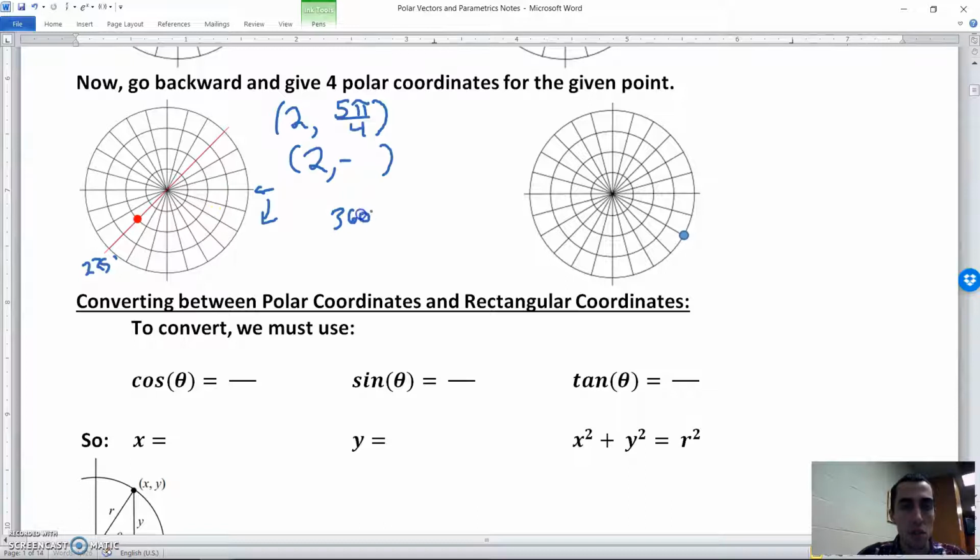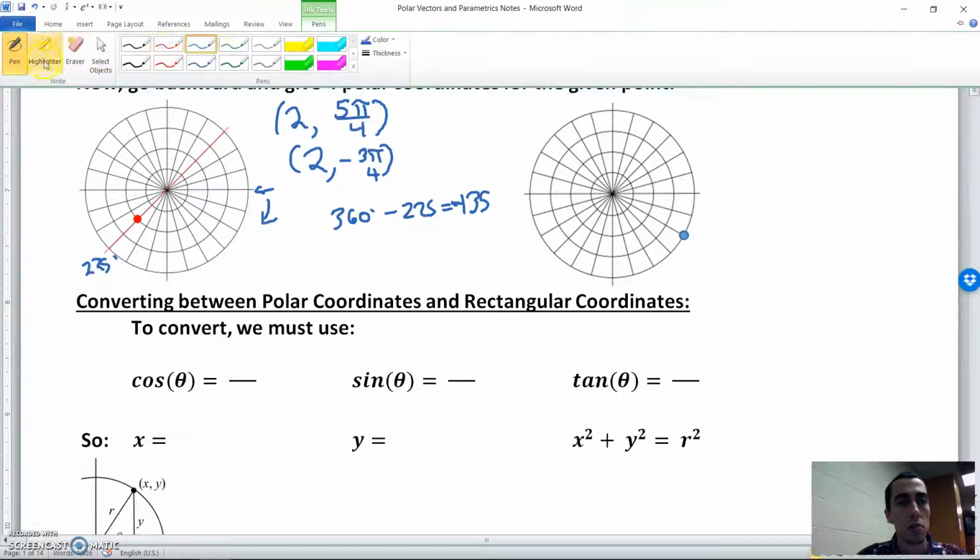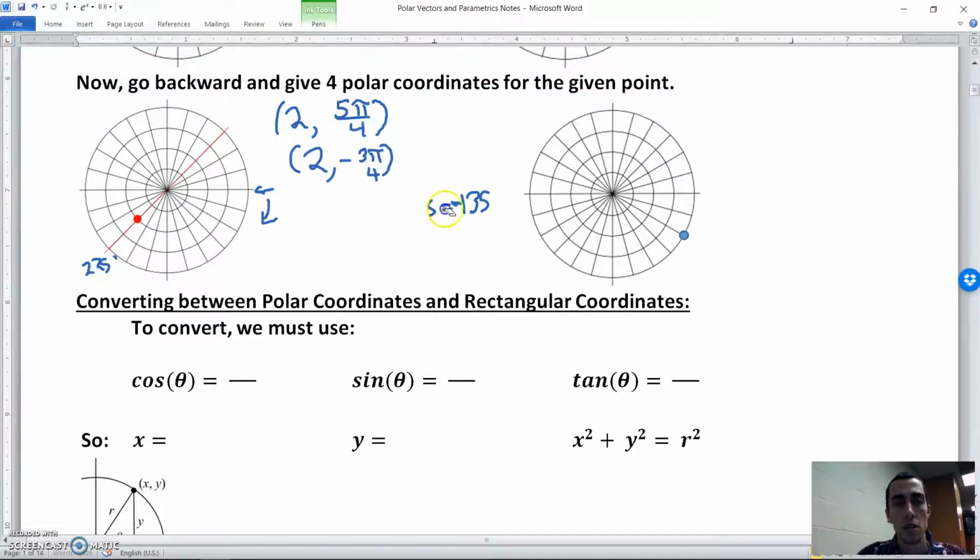Think about it as 360 minus the 225 that we already did, so that would put us at 135 degrees, but it has to be negative because we're going clockwise, and so that's going to be a negative 3 pi over 4. So those would be our first 2. Now let me erase what I did right here. Alright. Now we've got 2 more.